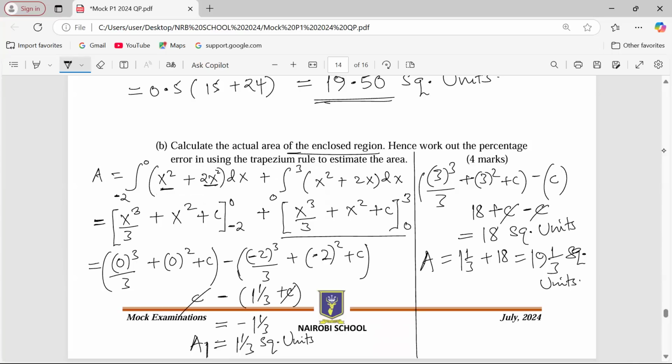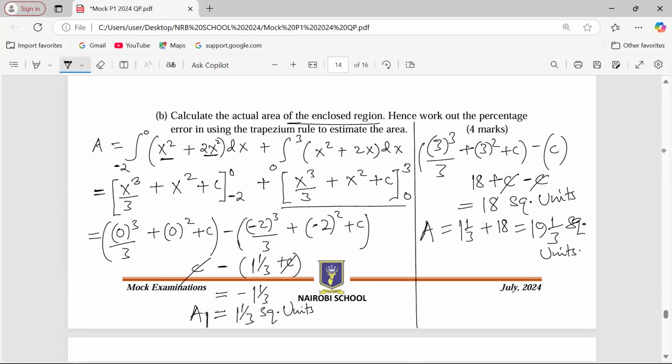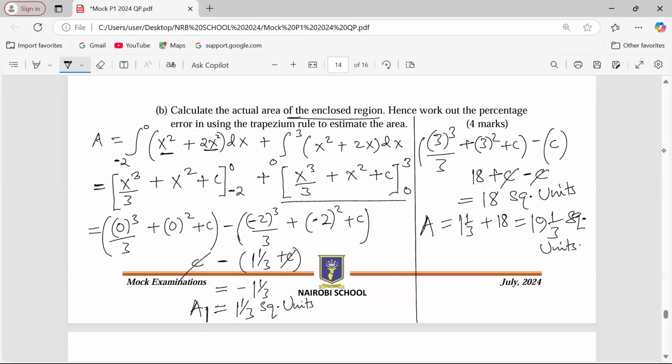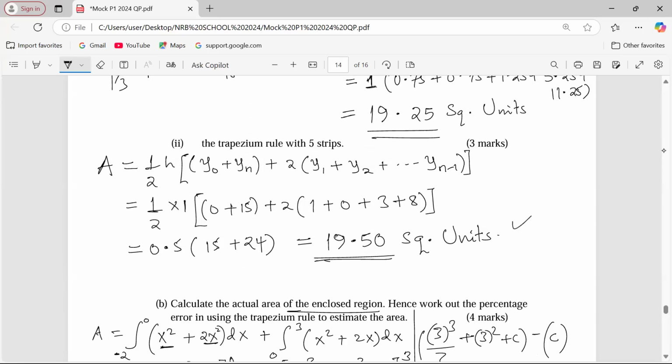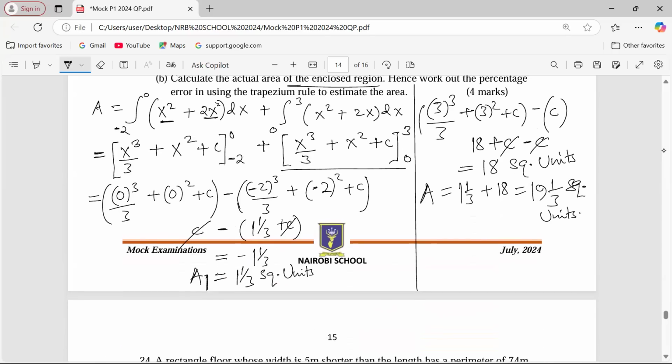So the other thing is to find the percentage error when using the trapezium rule. For us to get percentage error, we need error over actual times 100%. The error shall be, when you use the trapezium rule, we are getting 19.5. So we take the difference between 19.5 and the actual area, 19 1/3, that is the error, out of the actual area, 19 1/3.